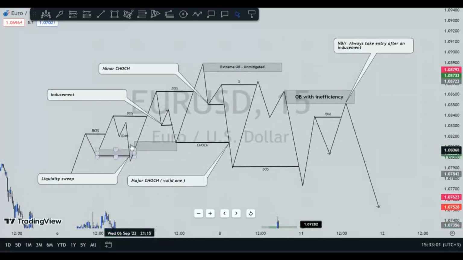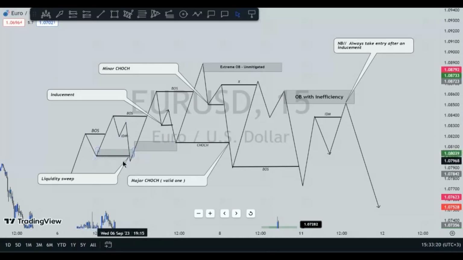So it's not that all the time price will just mitigate this extreme order block after a break of structure, and then price moves to your desired direction.